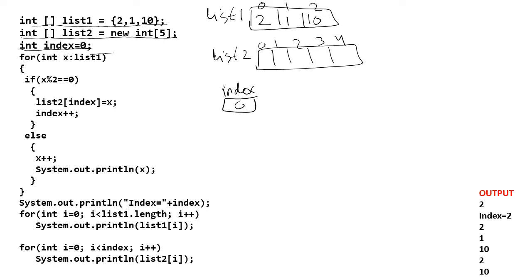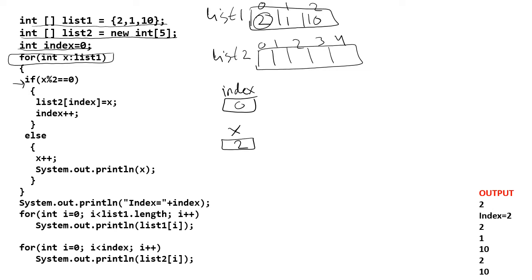Now notice this, they say for integer x colon list 1, which means for each value inside list 1. So the first time when you start your loop, you have a value x, and the value of x should take the first value in the first location, which is 2. And then here it says, go inside your loop and say, if x modulus 2 equals 0, go to your x, which is 2.